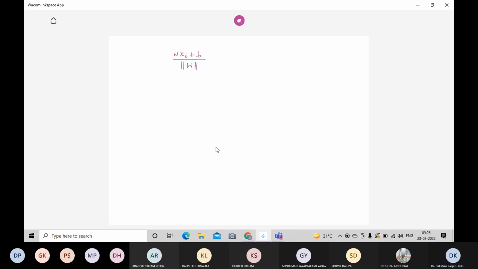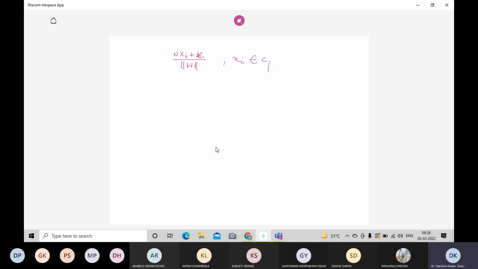In place of b we can write alpha, when xi belongs to class C1. So this is the distance between the point xi and the hyperplane. And what is alpha here? Alpha is the distance between point xi and the margin which is used for class C1.